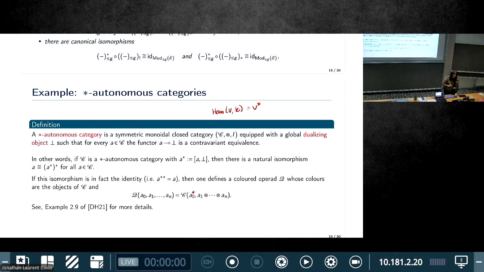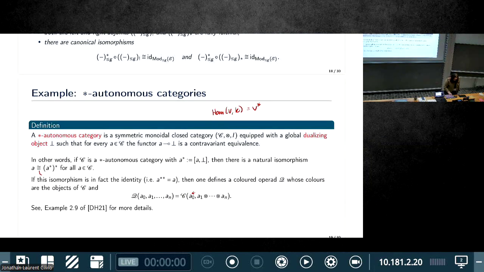Anyway, it's symmetric, so you get an equality here. I don't know if this is true in general. I haven't been able to prove it like this. So if somebody knows that, I'll be very happy. But it's certainly true if we have a strict duality.